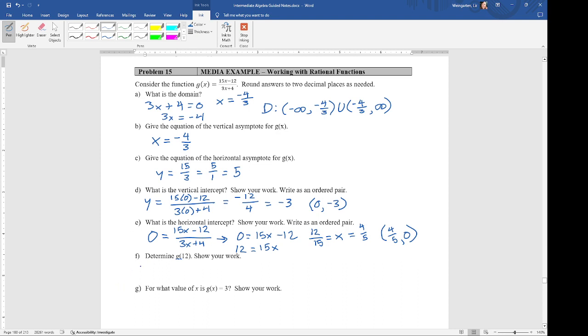Determine g of 12. Show your work. For g of 12, we're going to plug 12 in for x. I'm going to use my calculator to find 15 times 12, and I get 180.